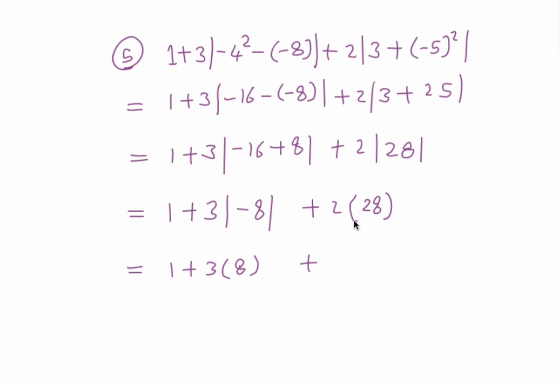Okay, 2 times 28, which is 56, 1 plus 3 times 8, 24, plus 56, and now you can add them. You can add from the left side, so 1 plus 24, which is 25, 25 plus 56, 81, and this is the answer.